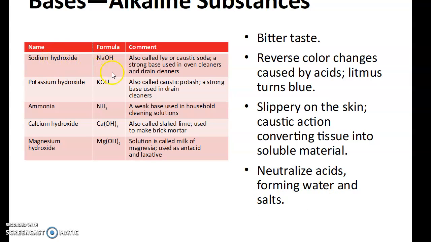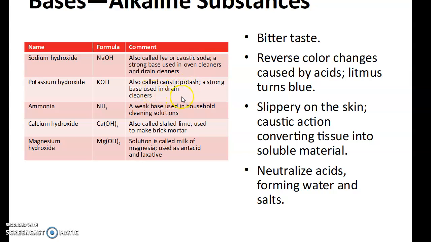Typical bases are sodium hydroxide, potassium hydroxide, ammonia, calcium hydroxide, magnesium hydroxide. And these have common names. You have all of these in your kitchen. Sodium hydroxide is lye, caustic, used in oven cleaners and drain cleaners, right? Potassium hydroxide is potash.